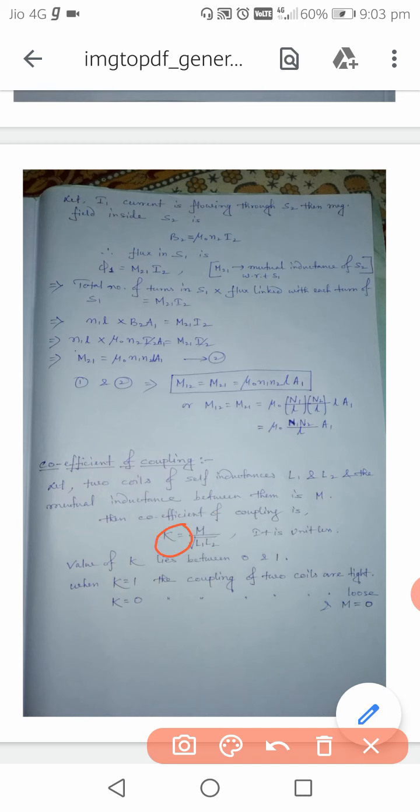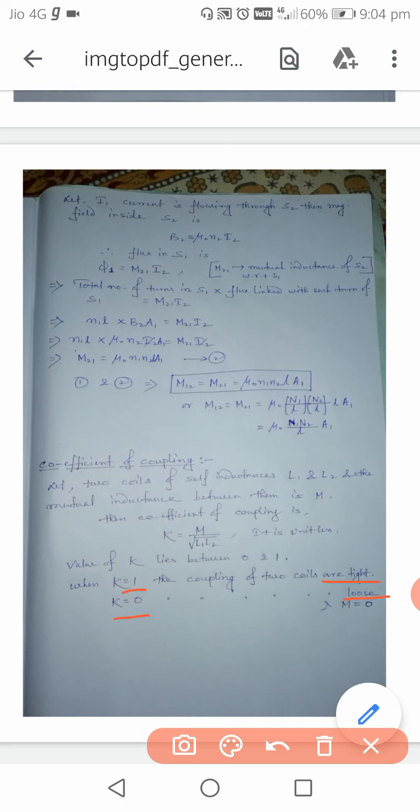The value of K lies between 0 and 1. When K is 1, the coupling of the two coils is very tight, or we say they are closely packed. If K equals 0, they are loosely packed, and then M is also 0. The thing is like this.